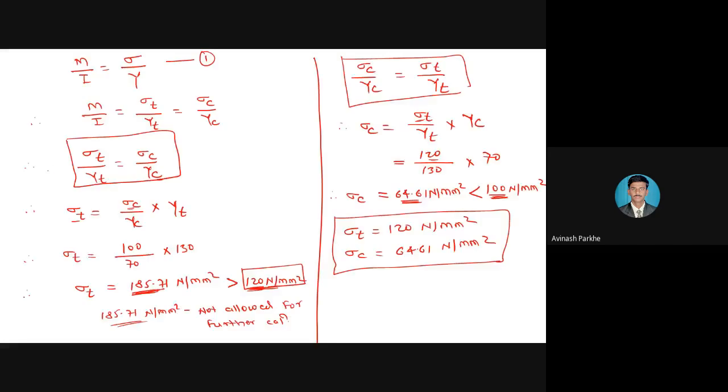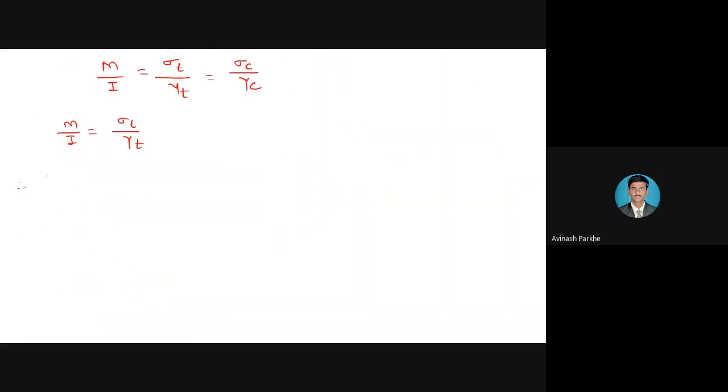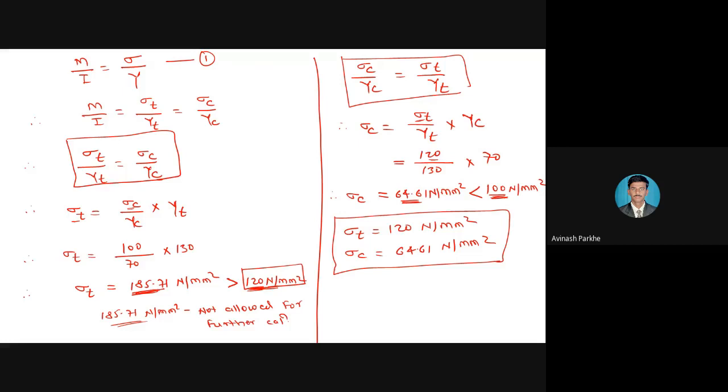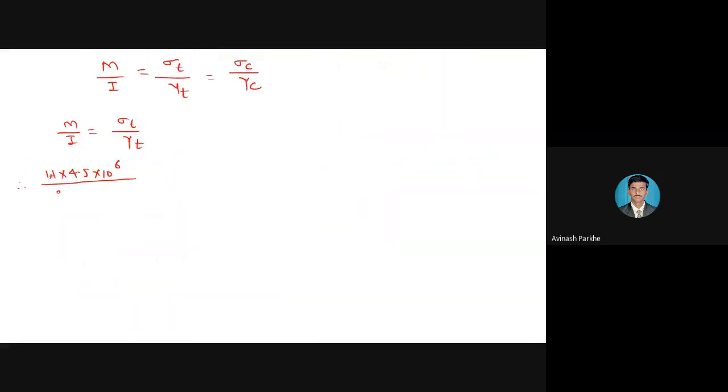I will use our important equation, that is M upon I is equal to sigma T upon Yt is equal to sigma C upon Yc. Okay, first M upon I is equal to sigma T upon Yt. So M, it is available in the form of W, WL square by 2 आपण काढलेला आहे. That is W into 4.5 into 10 raised to 6 divided by moment of inertia 24.2 into 10 raised to 6.